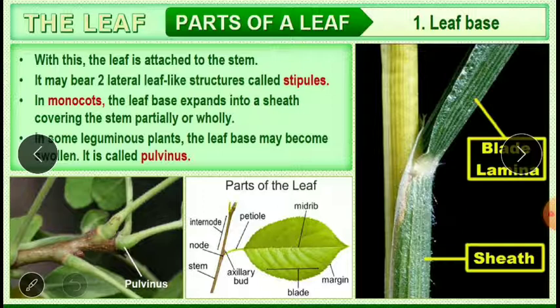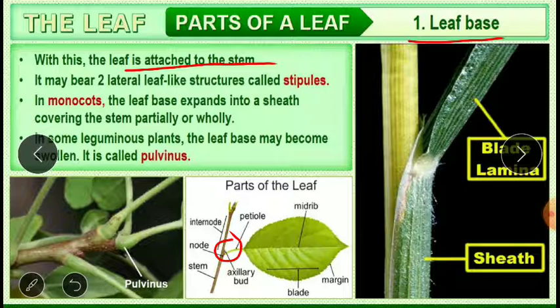First one, talking about the leaf base. Leaf base is nothing but the part from where the leaf is attached to the stem. So this is the leaf base wherein the leaf is attached to the stem.